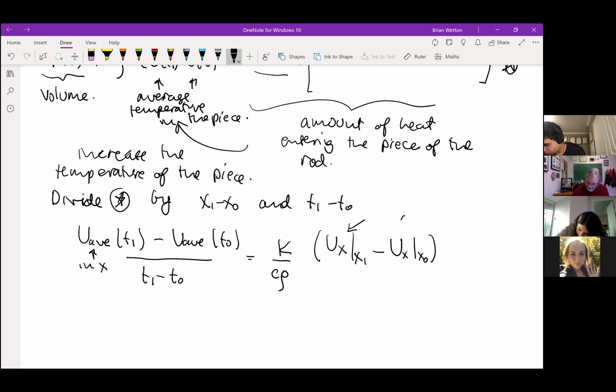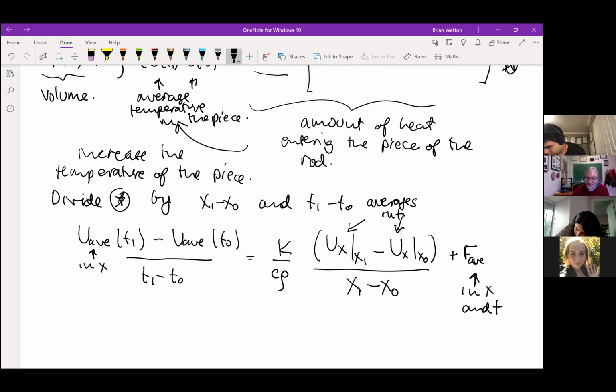And if you want to be really careful about this, these are the averages in time. And then I'm going to have the average, this is going to be an average in X and time, over the small piece over the small time of x and t.